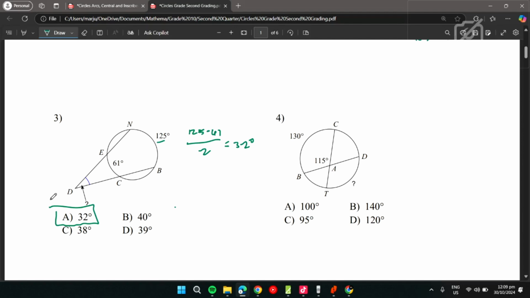What concept will help us to solve number 4? Anyone? Can anyone tell me what's the concept?